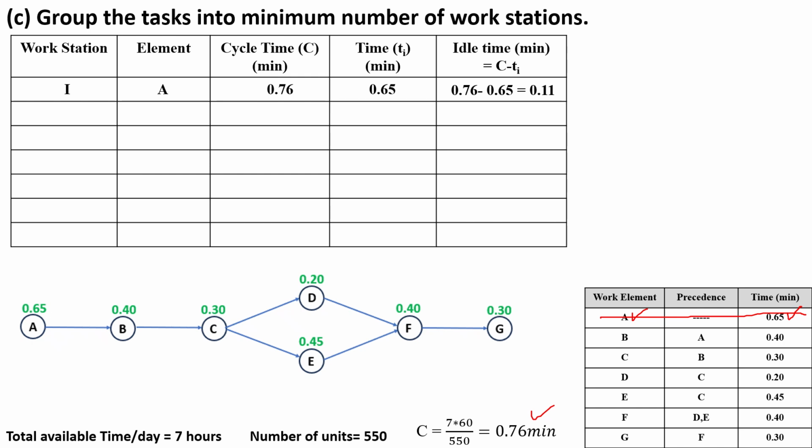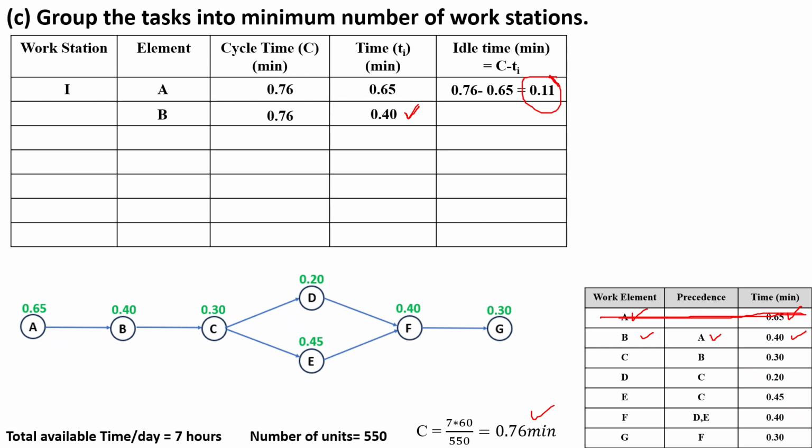Next we move to element B. Element B will start after completion of A. The cycle time is common for all the stations, 0.76, and the task time for element B is 0.4. But observe, the task time is 0.4, whereas in workstation 1, after completion of element A, the available time is only 0.11 minute.